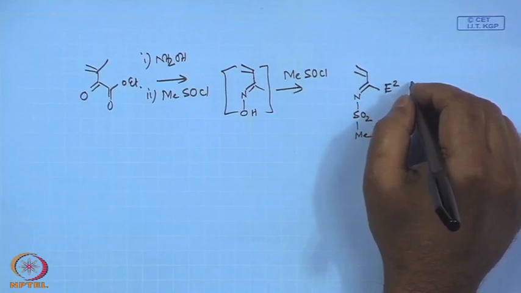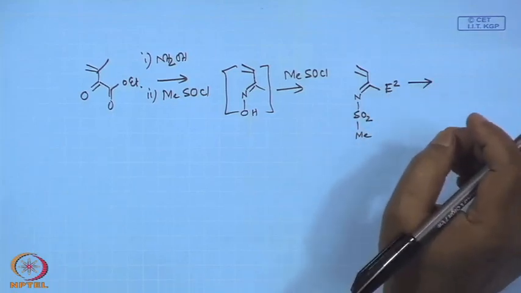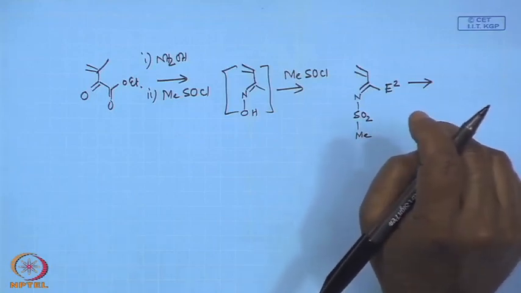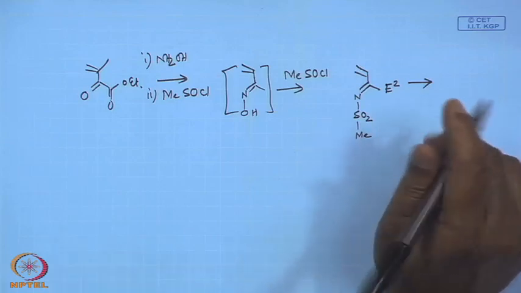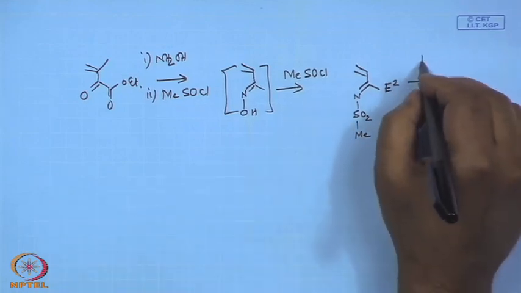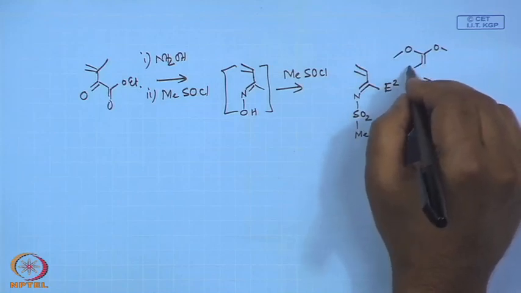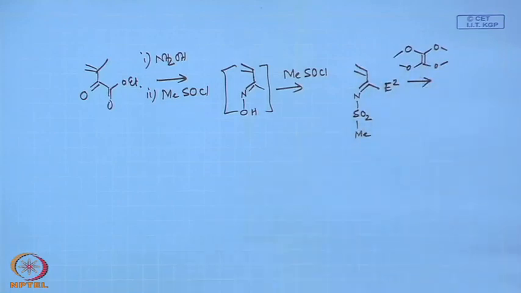So, people are going towards the organometallics approach. I will give you one more example later. This requires a particular dipolarophile, which is this one, that means it is tetraoxygenated.